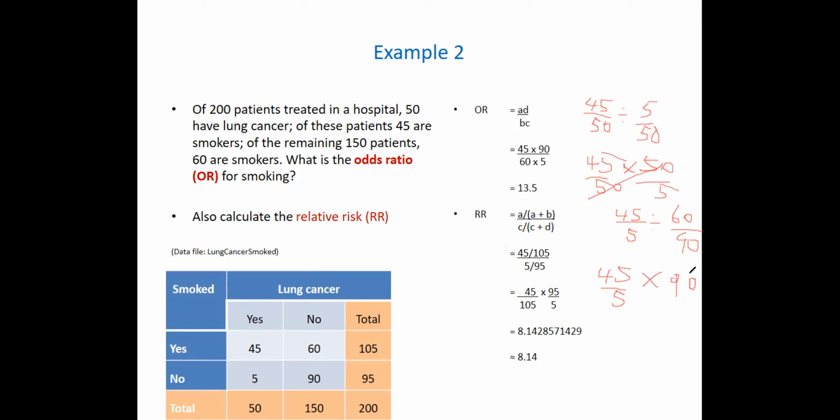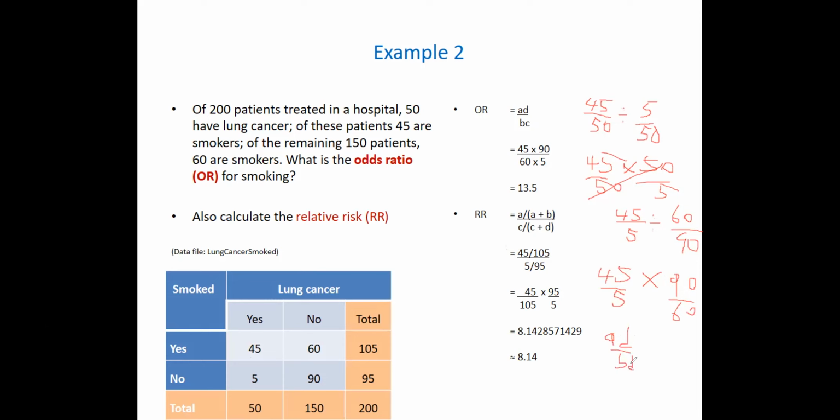If you look at this table now, 45 is A, 90 is D, 5 is C, and 60 is B. That is why they will say AD over BC. You understand me now?